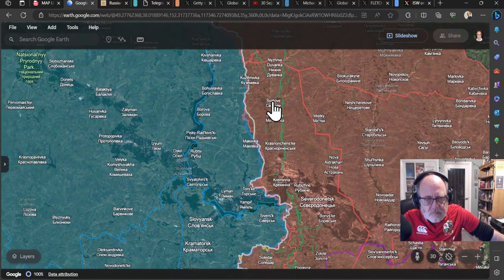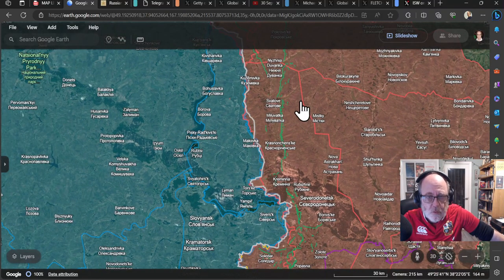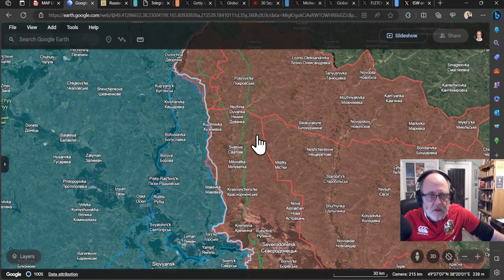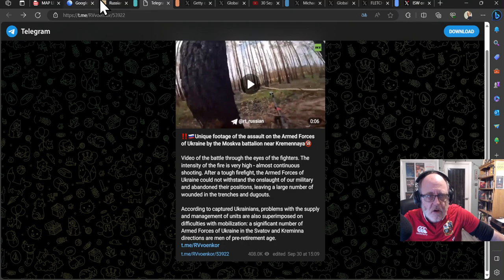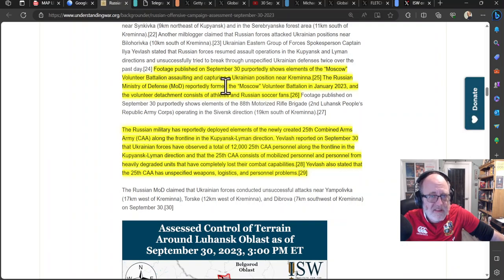So, yes, make of that what you will. That could well be psyops from the Ukrainians again. There is a high probability that it is at least partially true from what we know about the fact that these guys have been newly assembled.